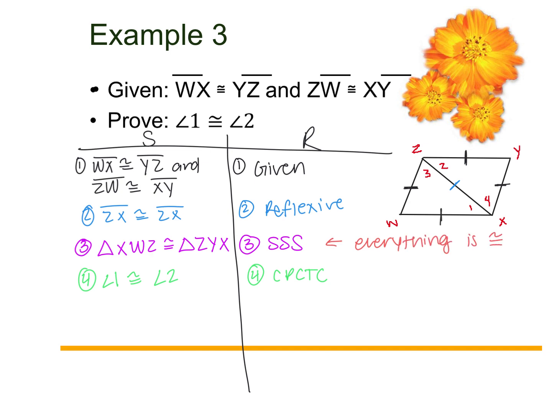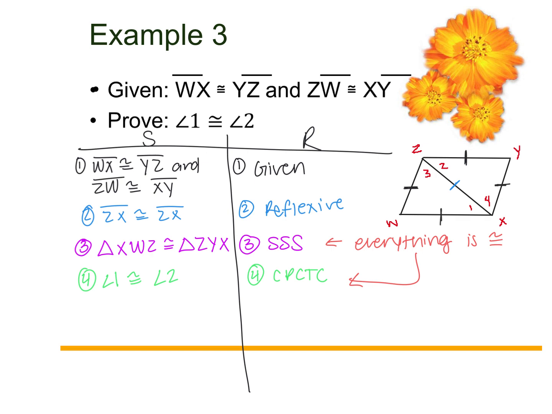And because everything's congruent, then I know that my angles will also be congruent, using CPCTC. So you need to understand how you're getting from step 3 to step 4. You need to state the congruency theorem before you can give me the CPCTC.